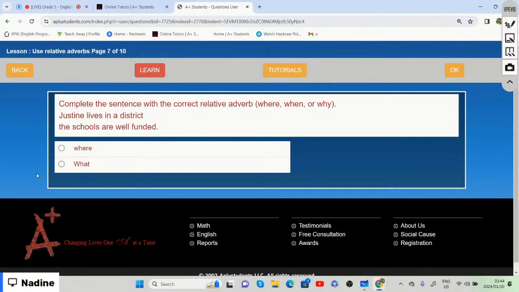Justin lives in a district. Do we say where the schools are well funded, or Justin lives in a district what the schools are well funded? So you need to choose one of those options.